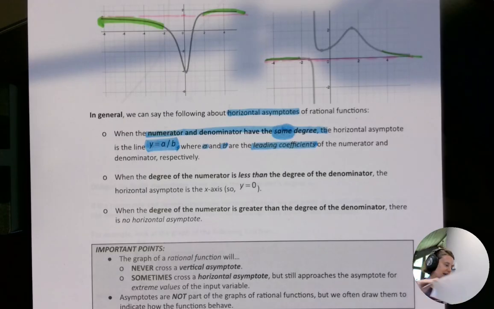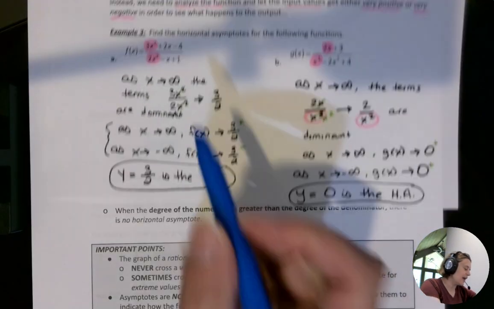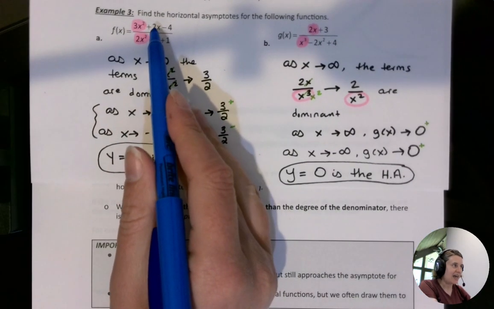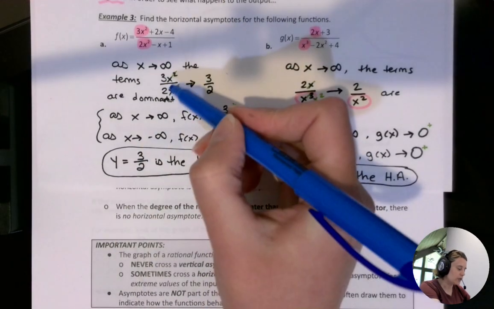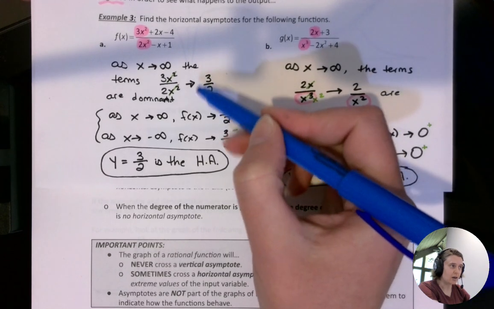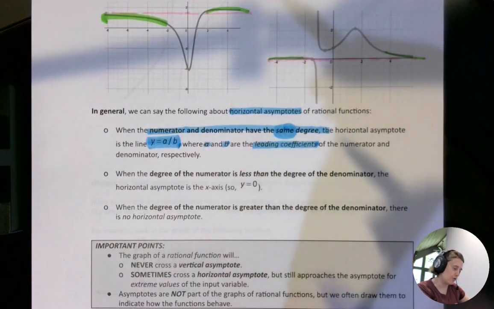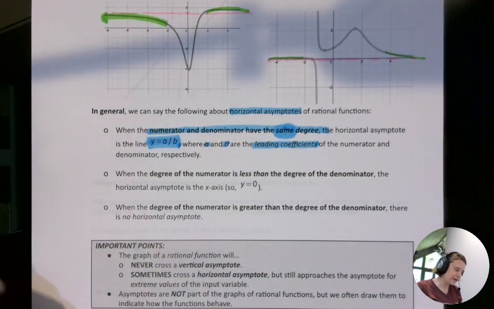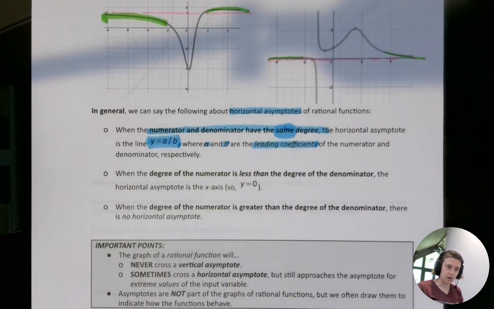Remember, we were able to say that both of these two terms had the same dominance and they had the same degree. So they were going to cancel the x's out evenly and give me that fraction 3/2, which would have been our a over b. That's going to happen every single time we have the same degree.